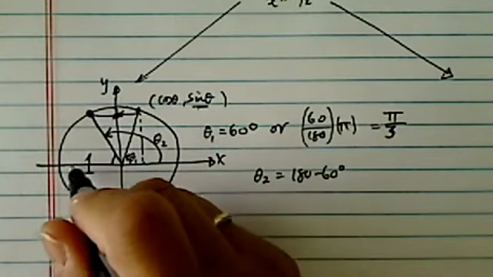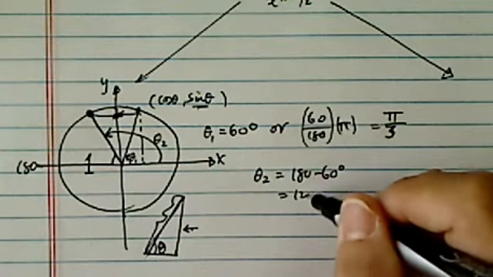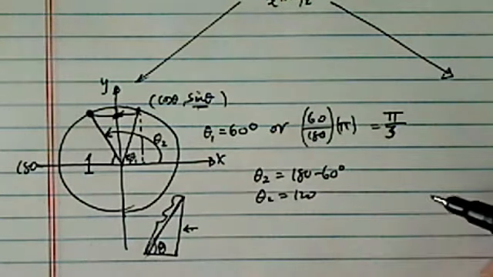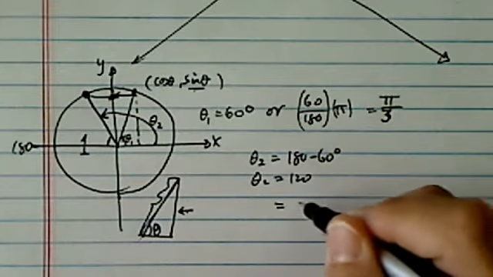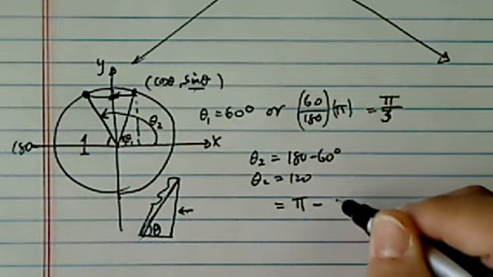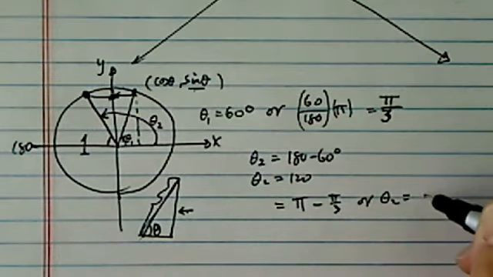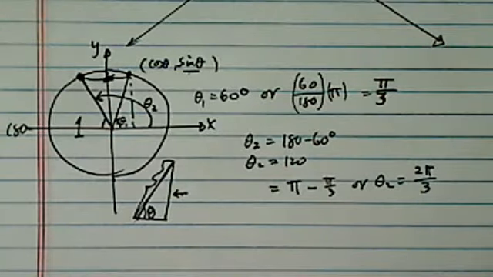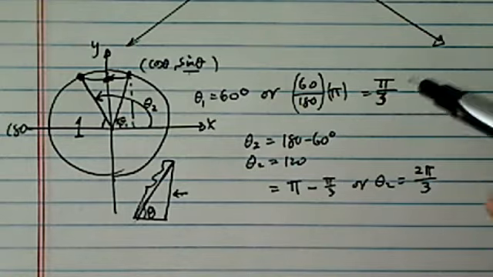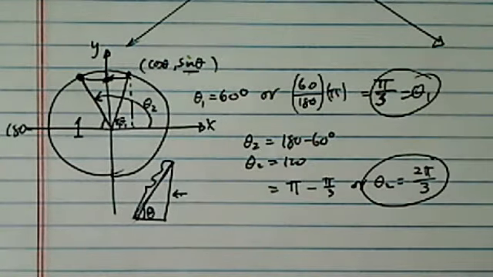So it's 180, the 180 is over here, minus 60, which equals 120. So theta 2 is equal to 120 degrees. Another way to say it is pi minus pi over 3, or theta 2 is equal to 2 pi over 3. That's the two answers. Theta 1 is equal to pi over 3. Theta 2 is 2 pi over 3.